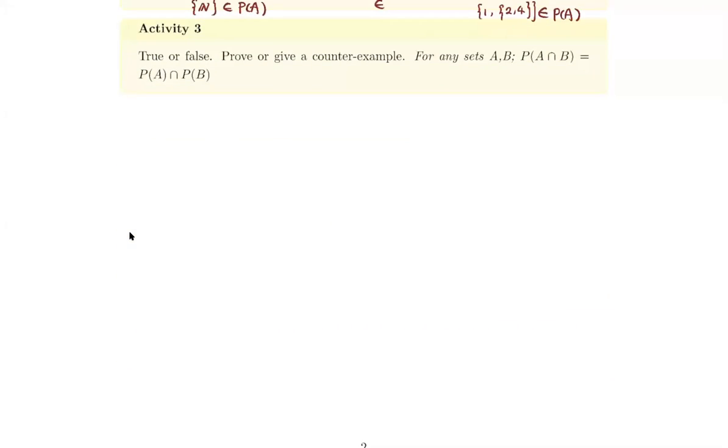True or false? Prove or give a counterexample. For any sets A, B, the power set of A intersect B equals the power set of A intersect the power set of B. I'll give you some time to think about it, and we'll take it up.